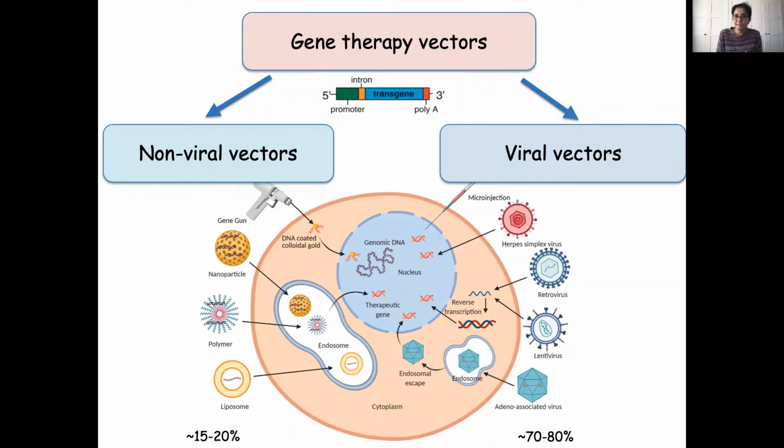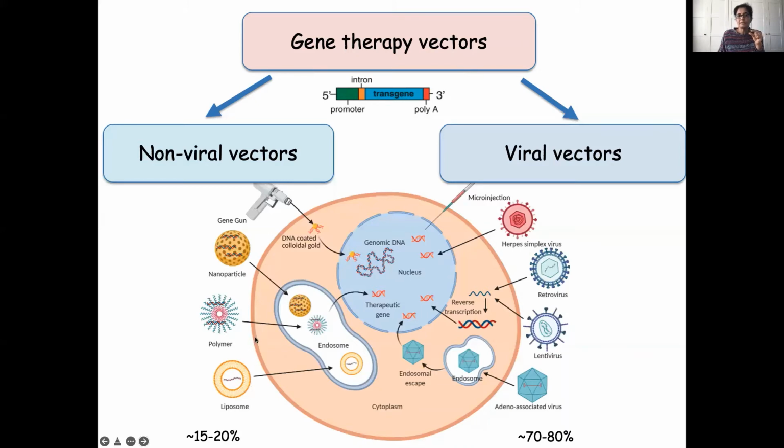Two types of vectors have been used, non-viral vectors and viral vectors. And as the name suggests, non-viral vectors don't use any viruses. Here we are hiding this gene in some particles, which can be small nanoparticles or polymers or lipid bilayers.